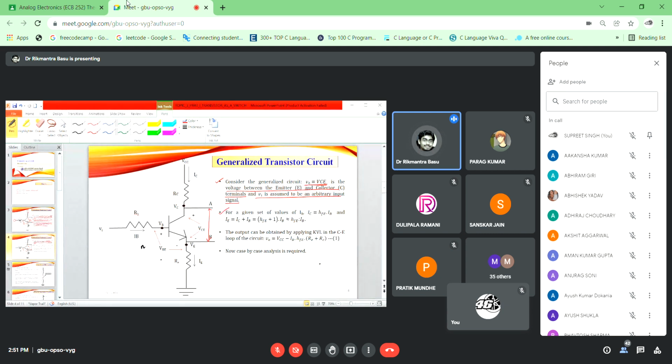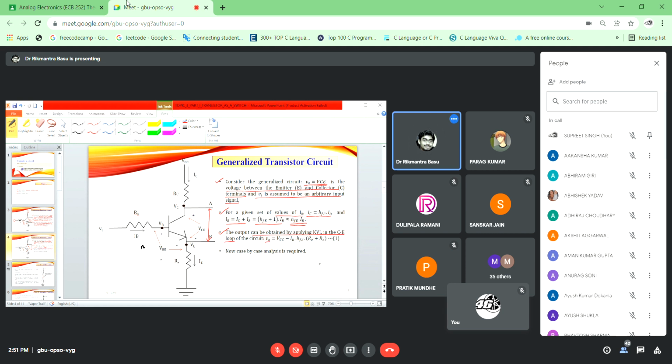For a given set of values of IB, as we know, IC equals HFE IB and IE equals IC plus IB. That means (HFE plus 1) IB. You can neglect 1 because the HFE value is very high, so we usually write IE also as HFE IB. The output can be obtained by applying KVL in the collector emitter loop.